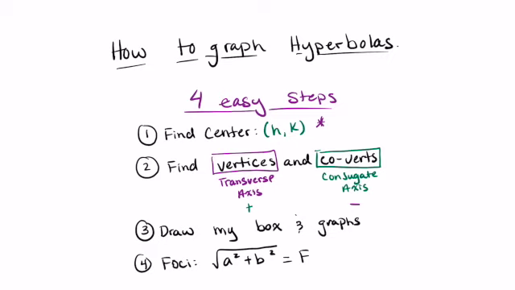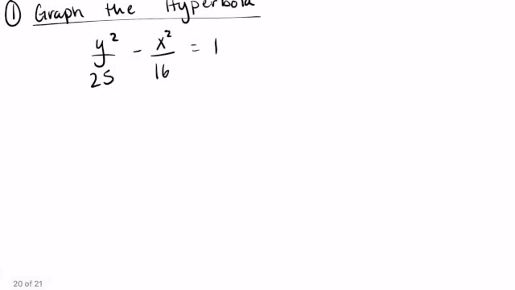So using these simple steps: finding my center, then finding my vertices and co-vertices from my transverse and conjugate axes, then drawing my box and my graphs, and then lastly, finding my foci. So without further ado, let's check this first example.